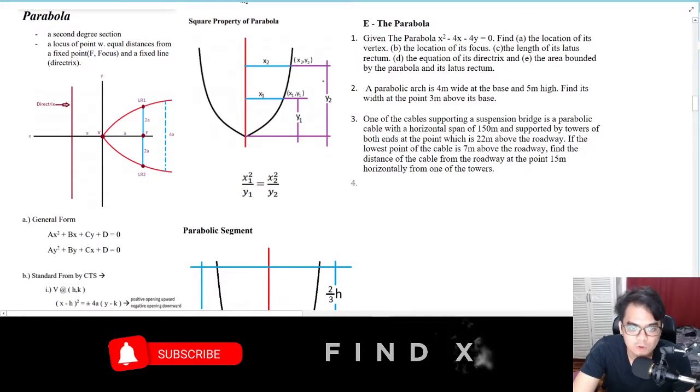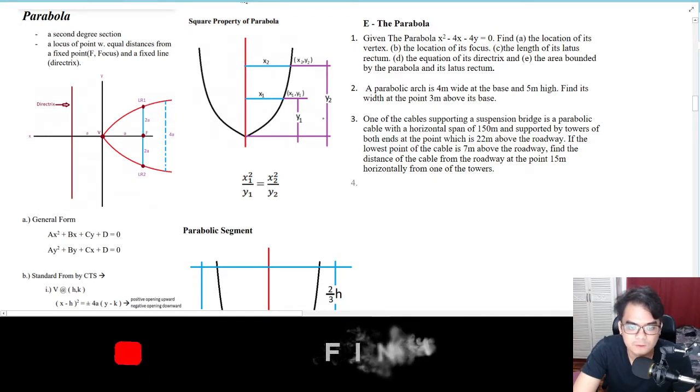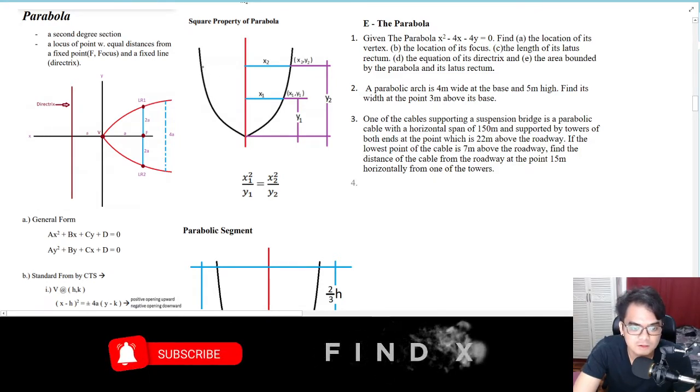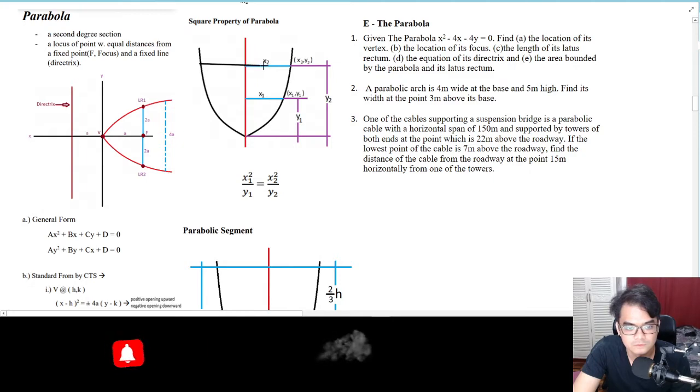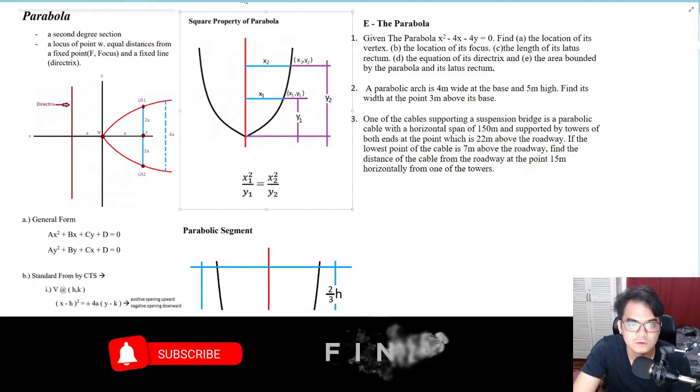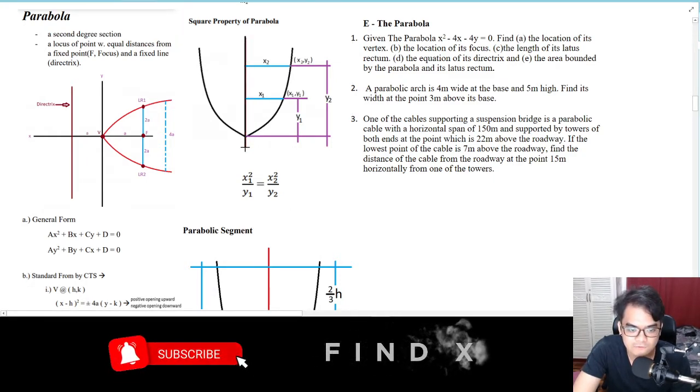And we have the square property of parabola. Let's say this is a parabola, and we cut it somewhere here. We cut it in half first, and then we can have another one here.